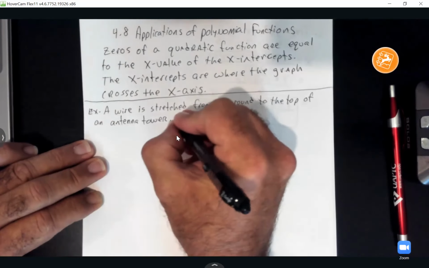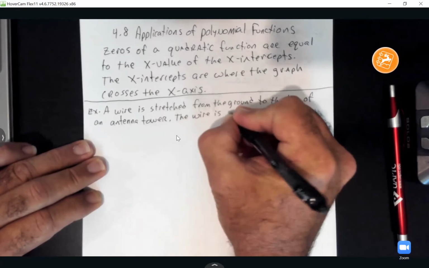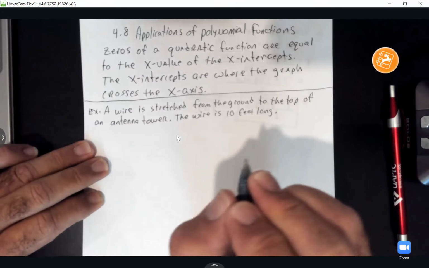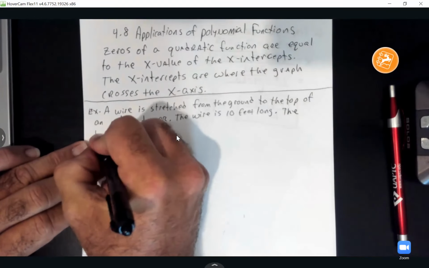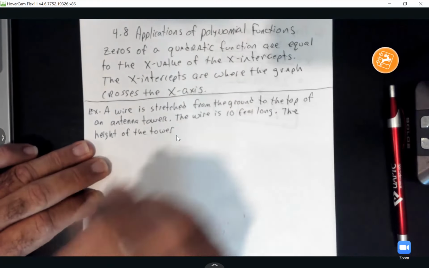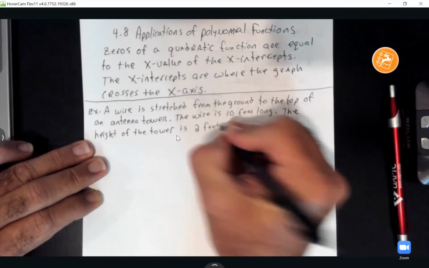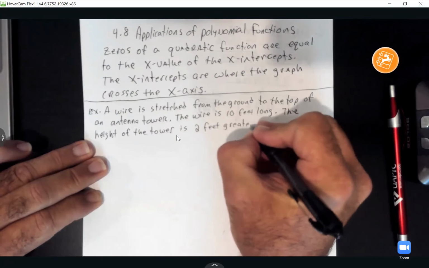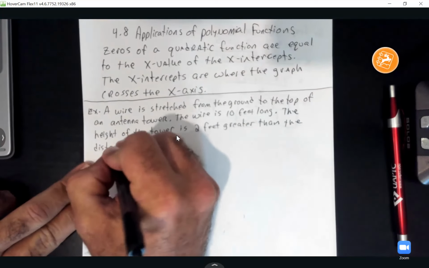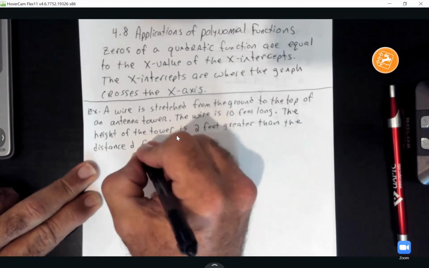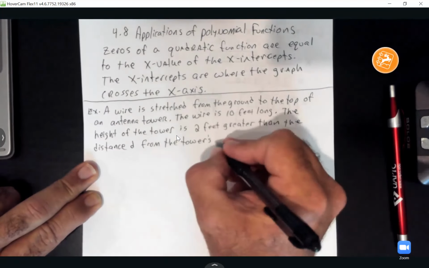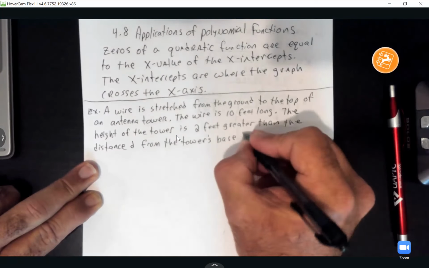All right, y'all, then they say the wire is 10 feet long. Then they say the height of the tower is 2 feet greater than the distance D from the tower's base to the end of the wire.